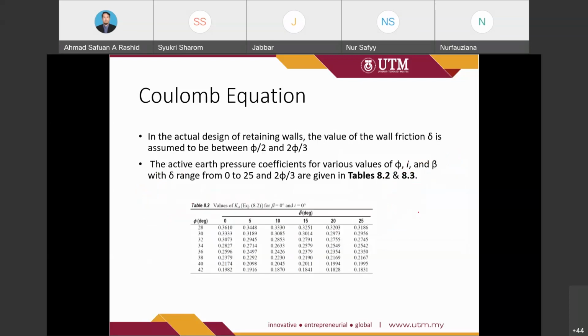In the actual design of retaining walls, the value of the wall friction delta is assumed to be between half of phi and two-thirds of phi, meaning that it is less than the phi value.